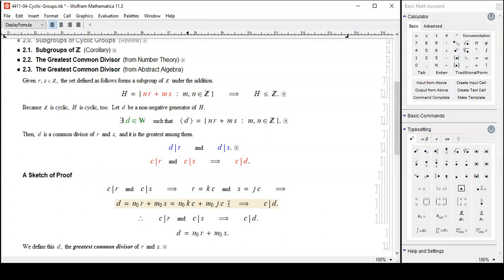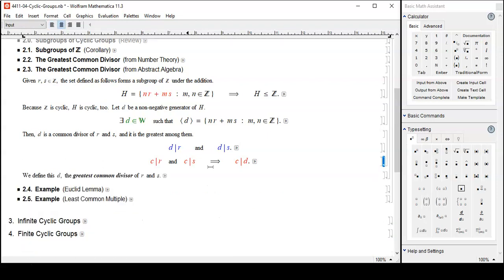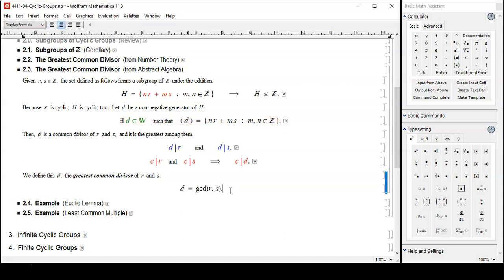So factor C out, then we have C times something is D. Yes, C divides D. So the conclusion: if there is any other common divisor, then C divides D. Combine the fact with this D being non-negative, D is the greatest. That also takes care of the uniqueness because there's only one biggest, the greatest. So we can finally define D as GCD of R and S because it's unique.